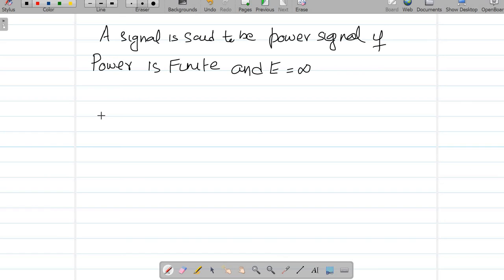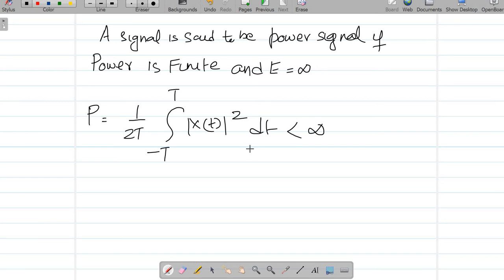So the way we evaluate the power is using the following integral, that is power is equal to 1 divided by 2T, integral from negative T to positive T of |x(t)| squared dt, and this should be finite for a signal to be a power signal. Now T is the period of the signal.